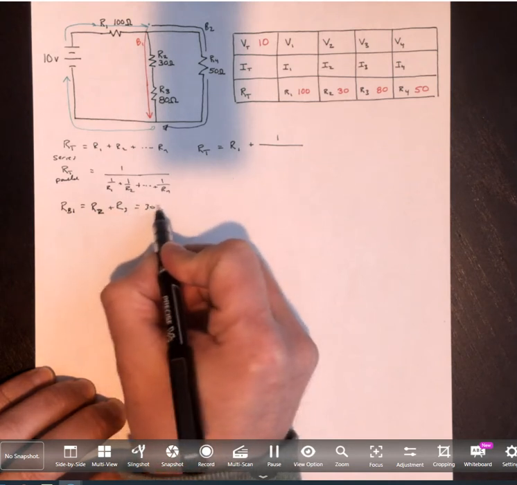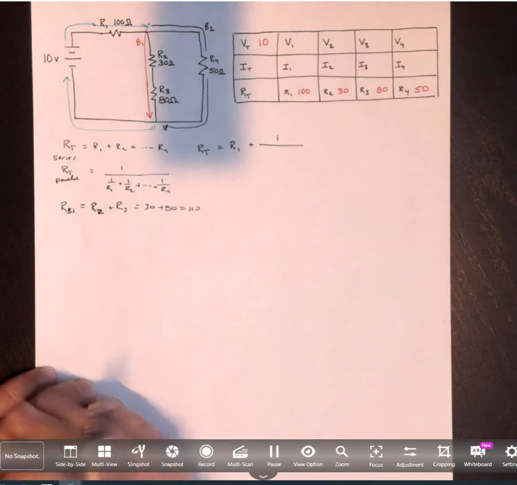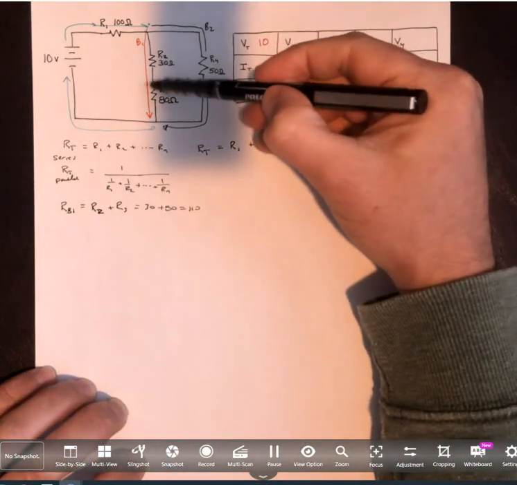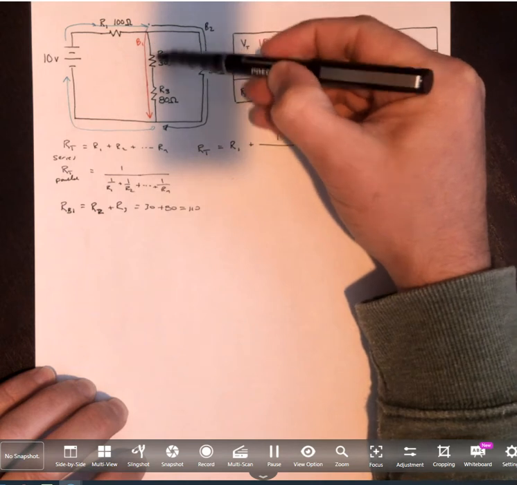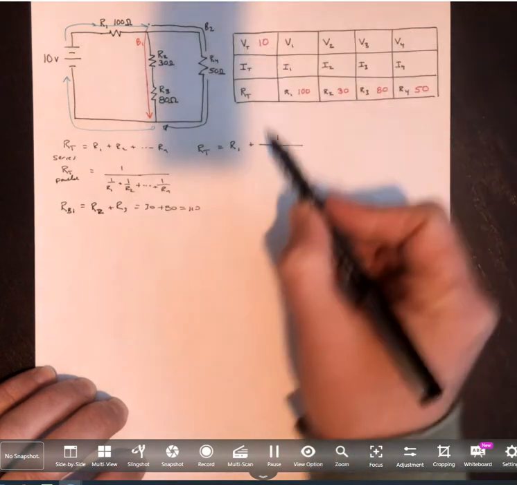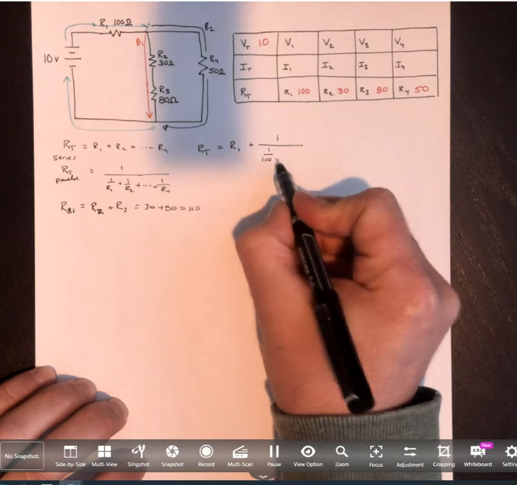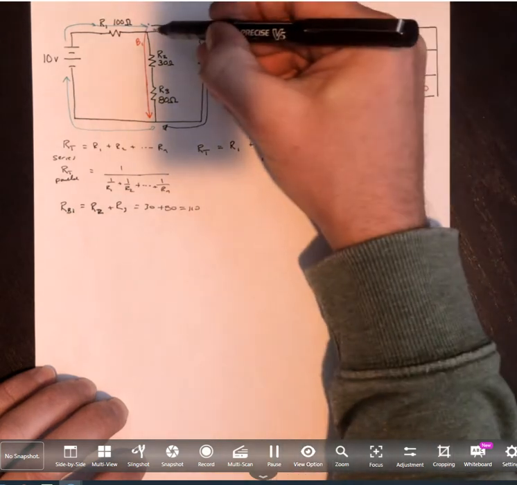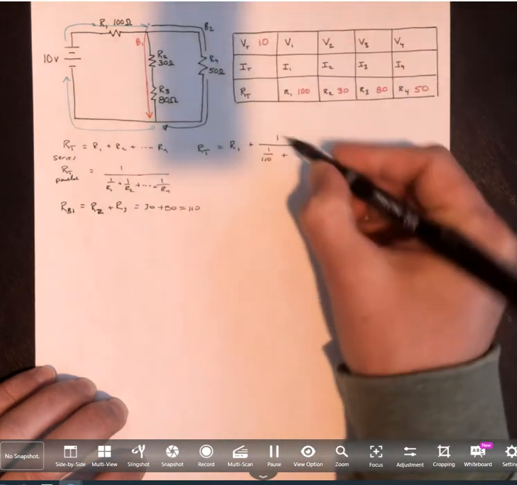And 30 and 80 is 110. So think of combining these into one total resistance, taking this branch as 110 ohms. So I have the 110 on one branch. The other branch has a total resistance of just the one component, 50 ohms.